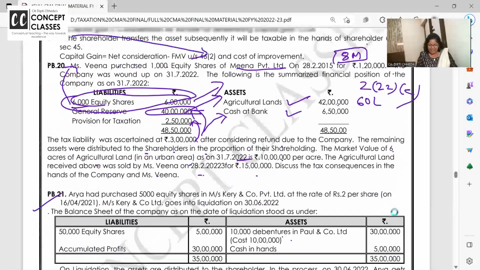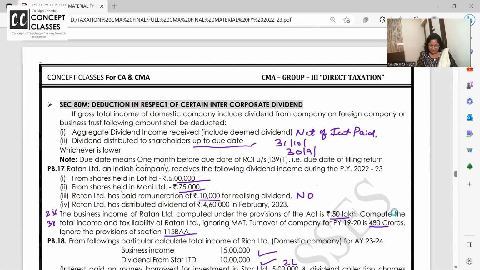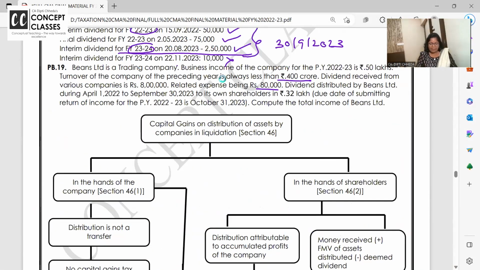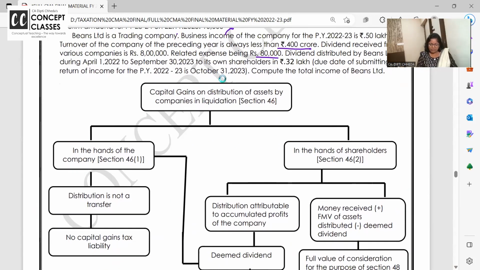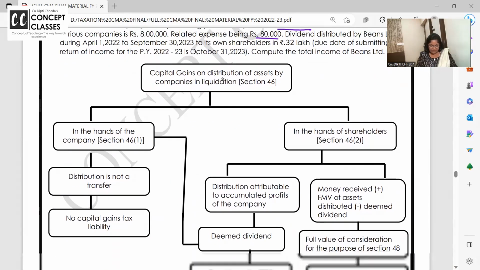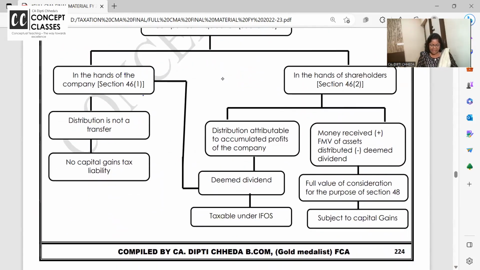One minute. I know we are late. One second. Look, it is given here, I have given the flow chart also. Capital gain on distribution of assets by company into liquidation. In the hands of company, distribution of that agriculture land and all, it is exempt. We didn't write it as answer, we have to write.